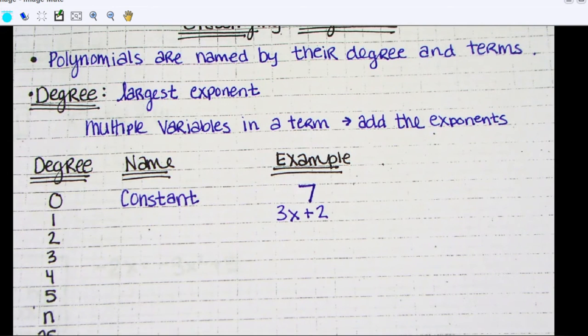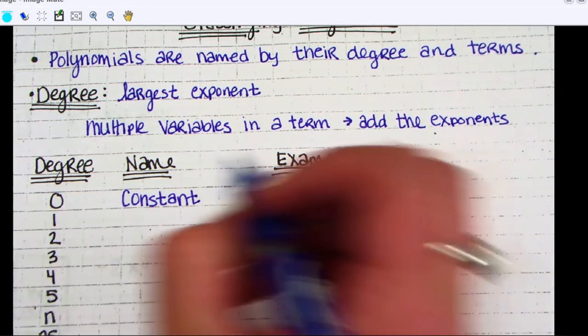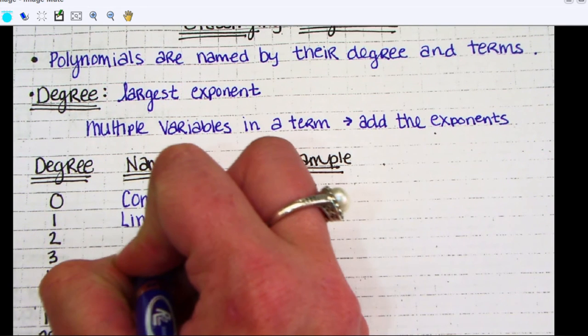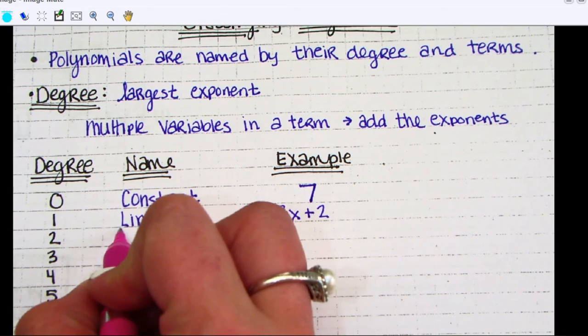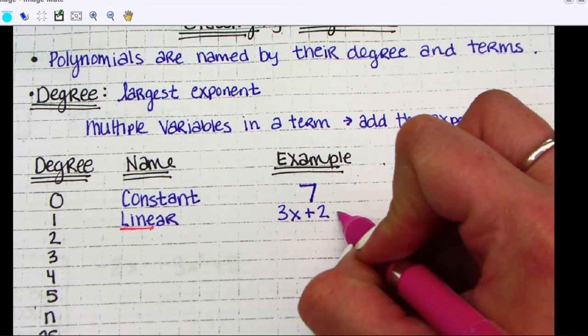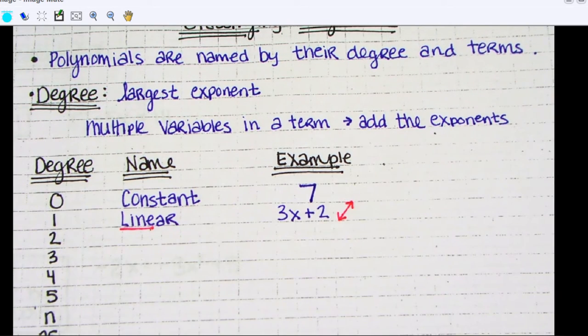Linear. Good job. So if it has a degree of 1, we refer to this as linear. The reason it's linear, it has the word line in it. If I were to graph it, it would just be a line. One exponent is a line. Now, I'm sure that could increase or decrease depending on the slope, but it's just a line. Okay? So linear has a line in it.